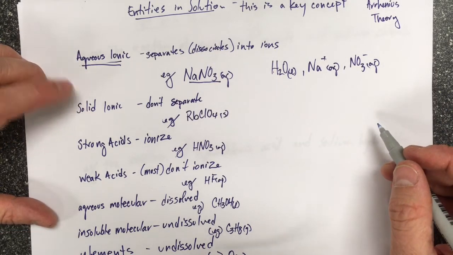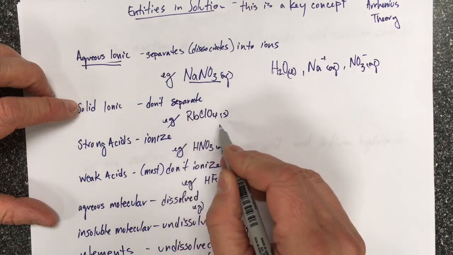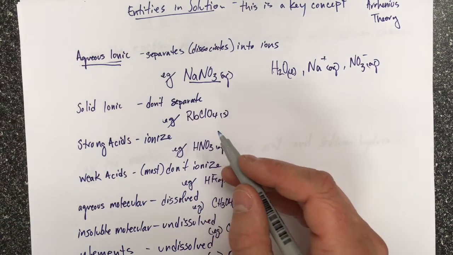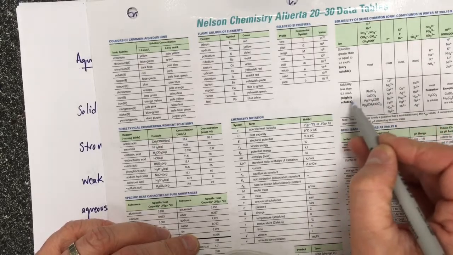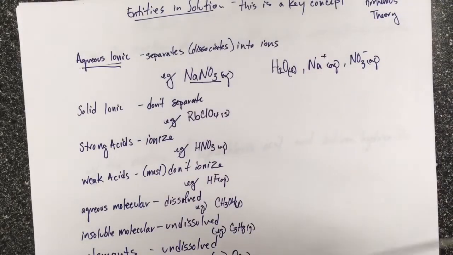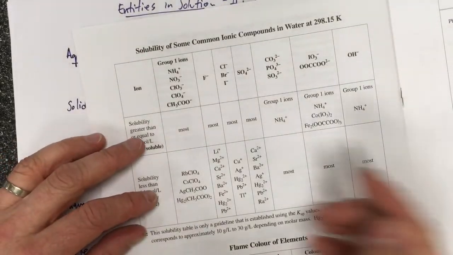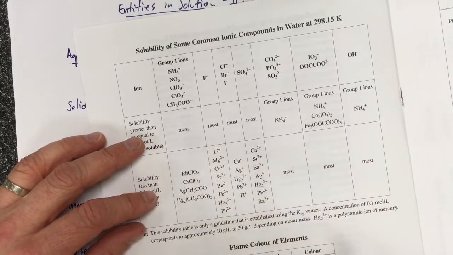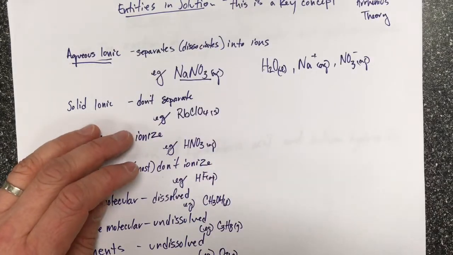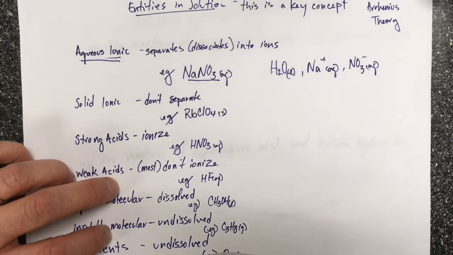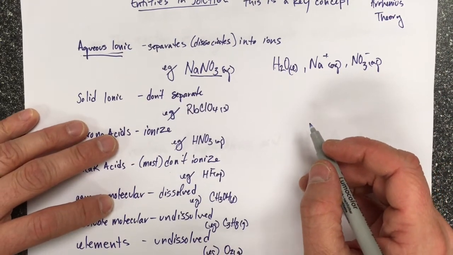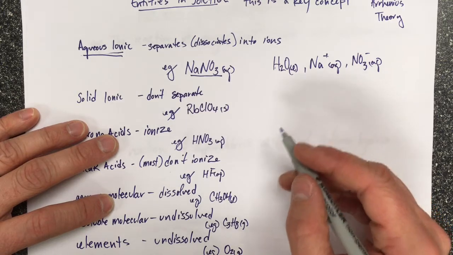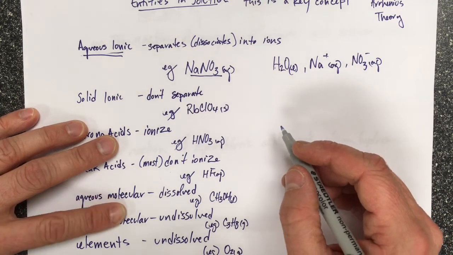Solid ionic compounds like rubidium chlorate is listed here as having a low solubility or slightly soluble. Same thing in this table. Rubidium chlorate is slightly soluble. It's not that it doesn't dissolve at all, so it might conduct a little bit of electricity, but it is mostly going to remain undissolved.